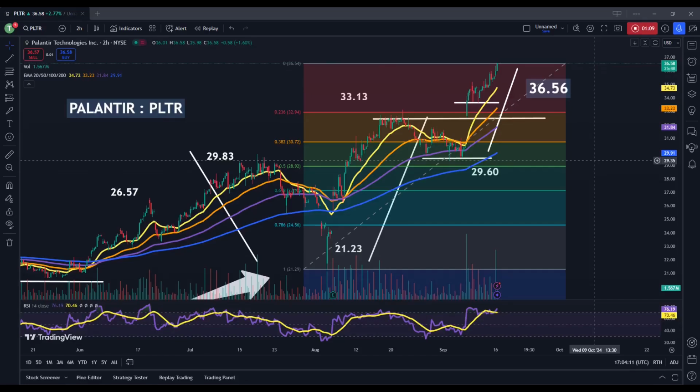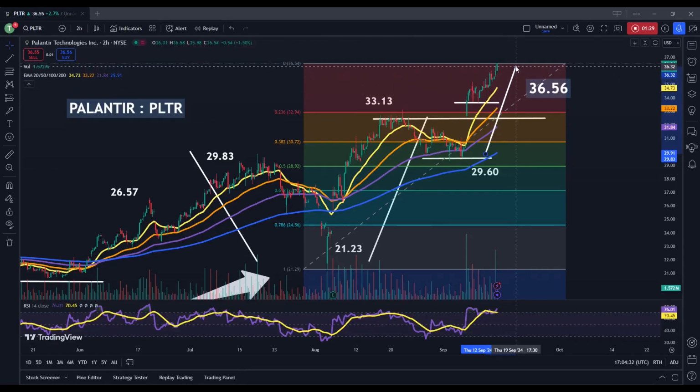So near term, we are starting to see movements higher already to start the week. And this near term high comes in at $36.56. This does, of course, overcome the prior price high, which was seen at $33.13. So it may not seem like a huge dollar difference here, but what we're seeing is an acceleration to the top side in share price action itself.